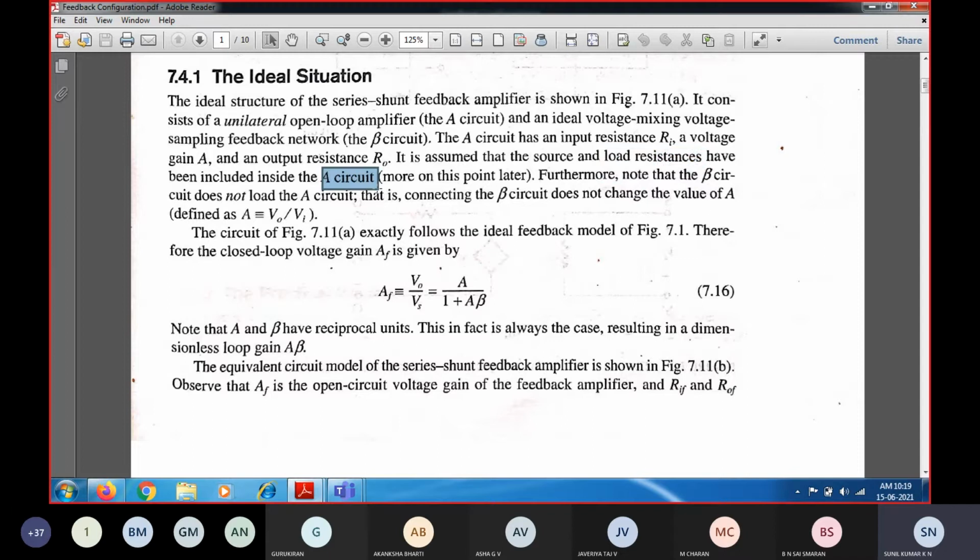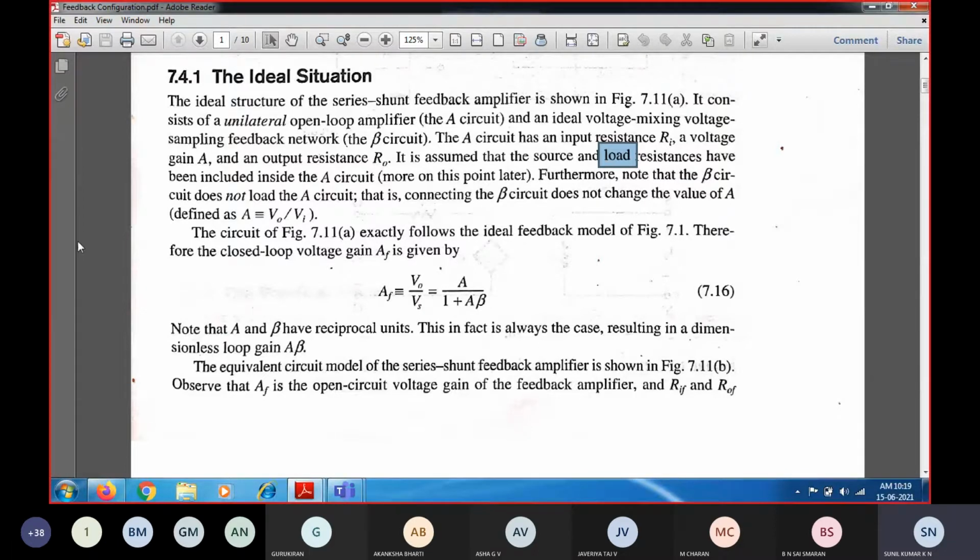That means for an open loop amplifier, whatever load is experienced from the source side at the input, as well as the load connected at the output side, will be included in the amplifier circuit itself. So Ri includes the source resistance as well, and R0 includes the load resistance also. When we discuss the ideal situation, we have considered Ri to include the source and R0 to include the load resistance.